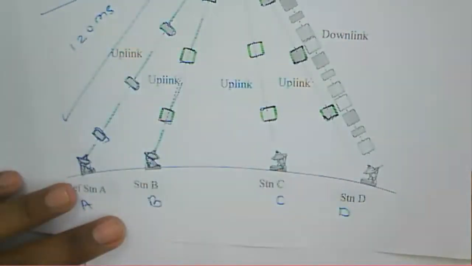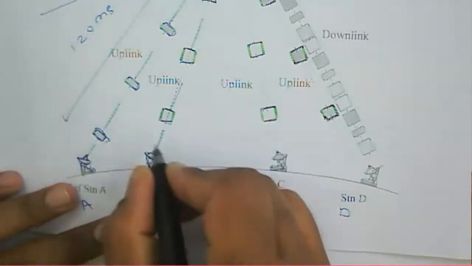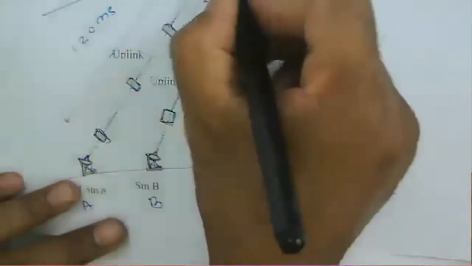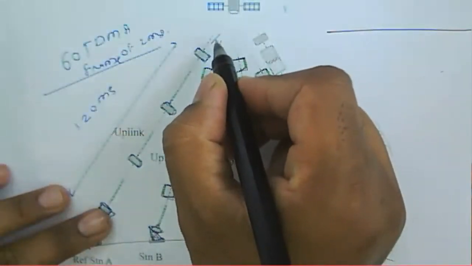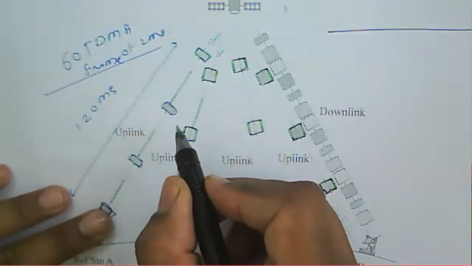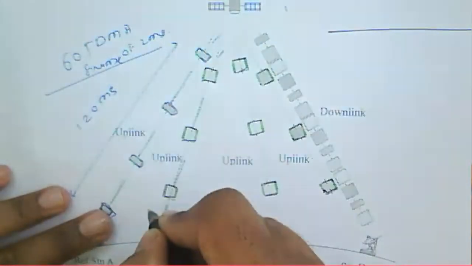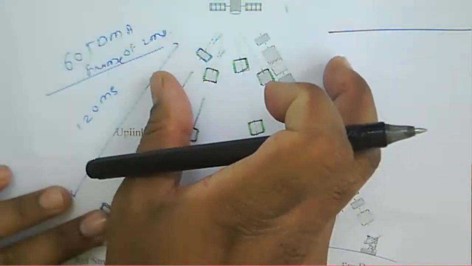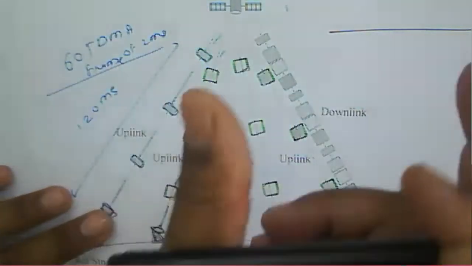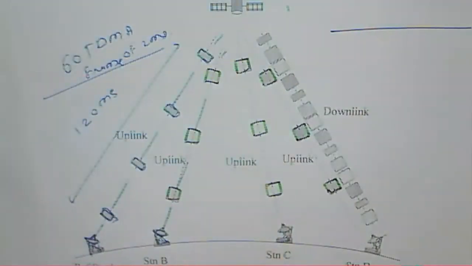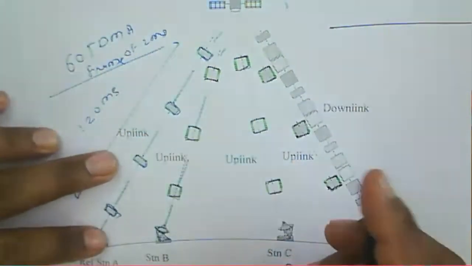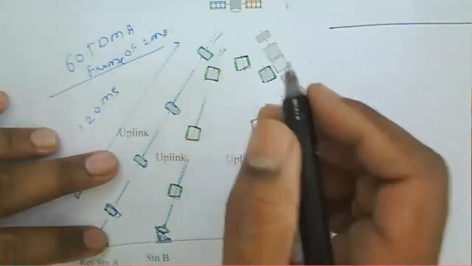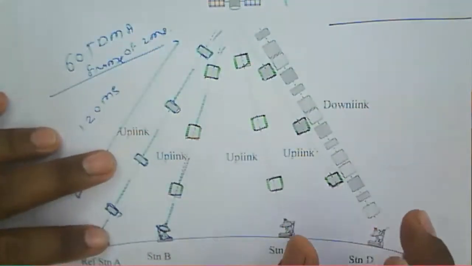It is necessary to synchronize the bursts with respect to the reference burst, so that at the satellite, whatever bursts are transmitted from the earth stations, they will reach with the exact location allocated to them, or exact timing, or exact locations in the frame allocated to them, with a tolerance of one or two symbols.